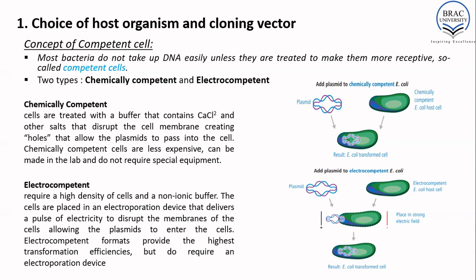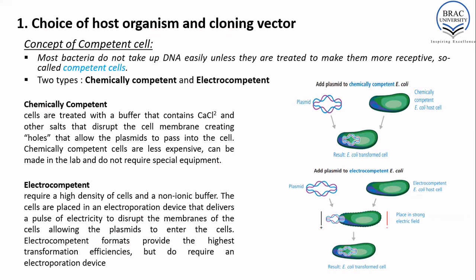Chemically competent cells are treated with a buffer that contains calcium chloride and other salts that disrupt the cell membrane, creating holes that allow the plasmid to pass into the cell. Chemically competent cells are less expensive, can be made in the lab, and do not require any special equipment.